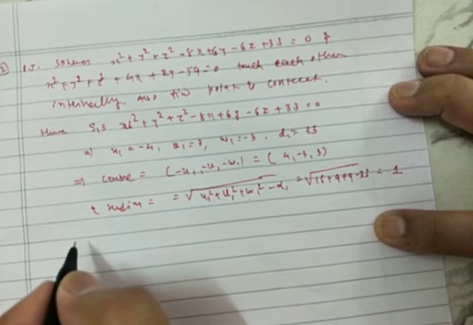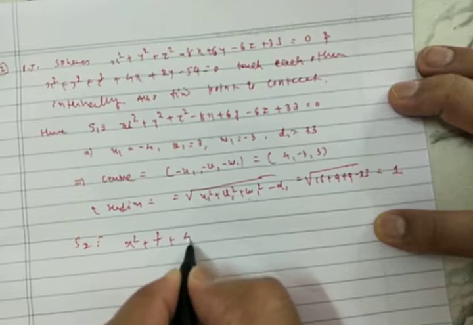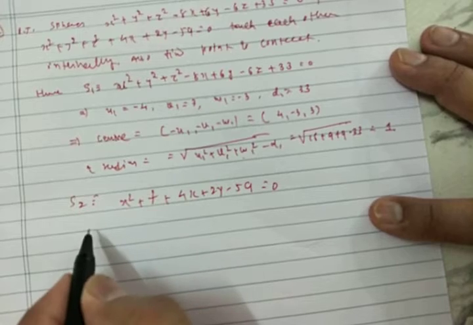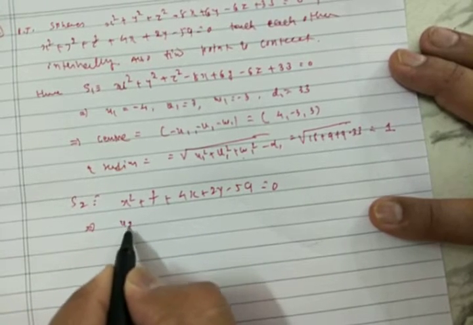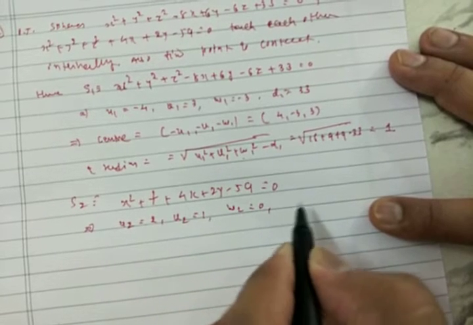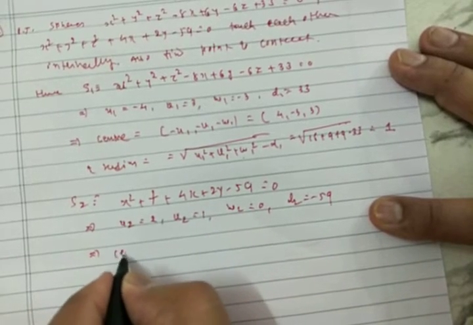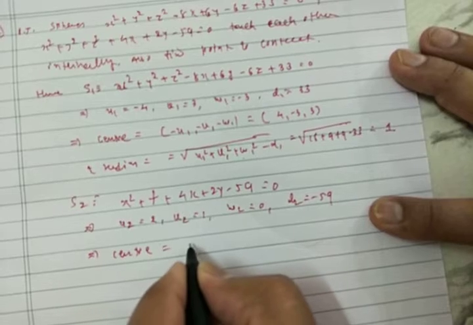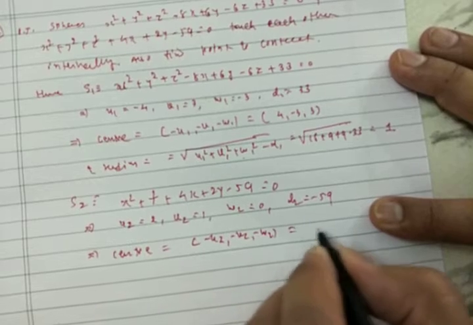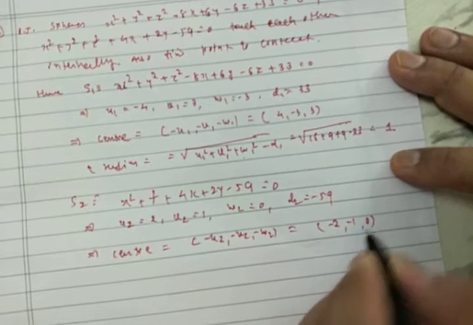So this radius. S2 is x square plus y square plus z square plus 4x plus 2y minus 59 is equal to 0. This implies u2 is equal to 2, v2 is equal to 1, w2 is equal to 0, d2 is equal to minus 59. This implies center is (minus u2, minus v2, minus w2), that is (minus 2, minus 1, 0).